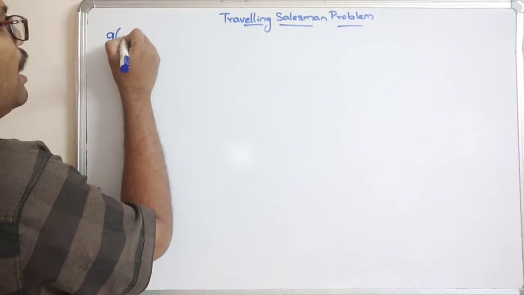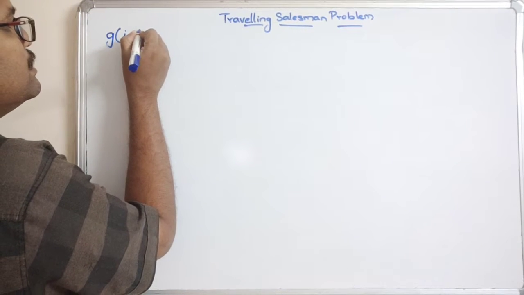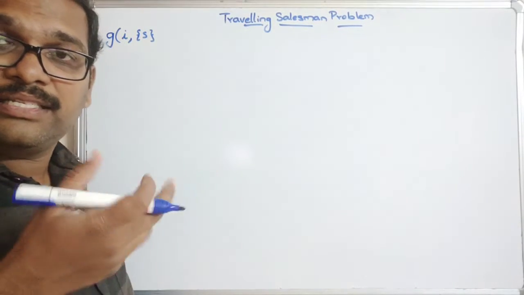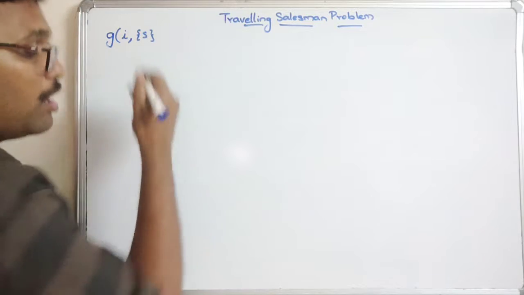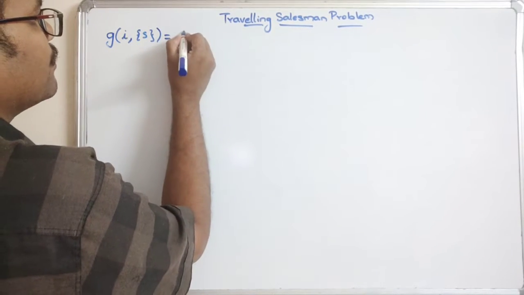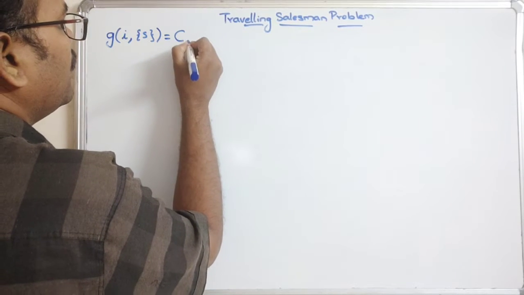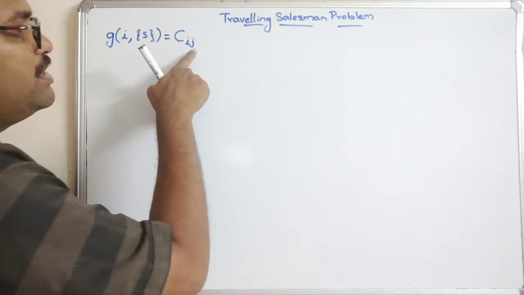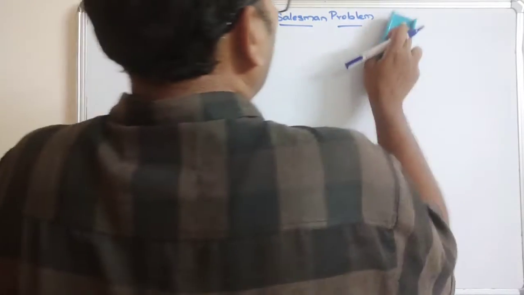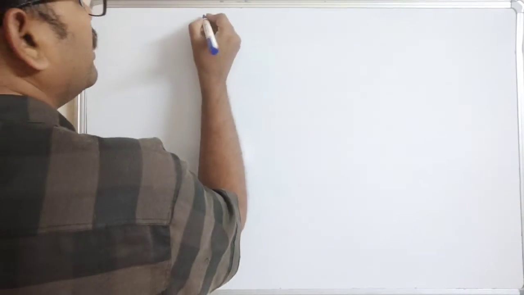The function G of I comma S, where S stands for set, which contains a number of elements, or we can say vertices. I'll write here itself.